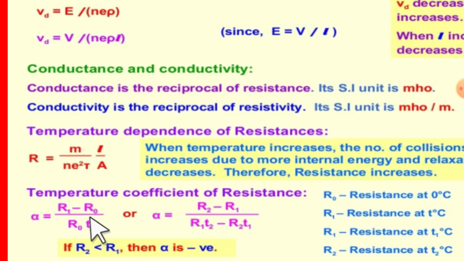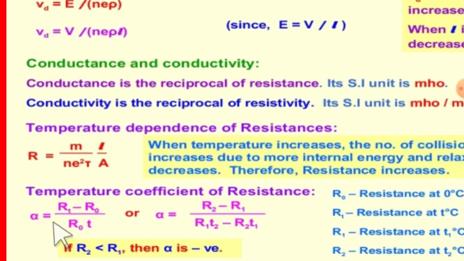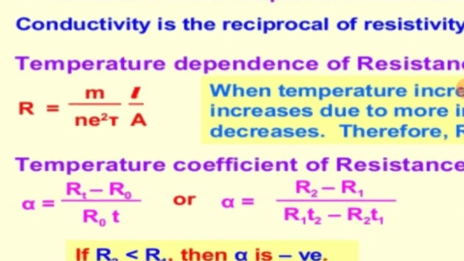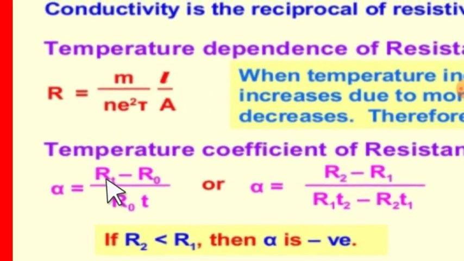Negative temperature coefficient of resistance, right? Now it is denoted by alpha. Think that RT is the resistance at a temperature T, and R naught is the resistance at zero temperature.